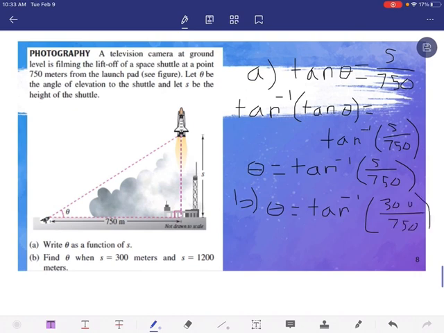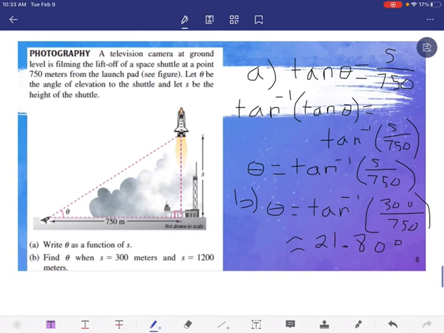And this value is not going to be on our unit circle, so we just need to use our calculator. So again, using that tangent inverse button, so second, tangent, plug in 300 divided by 750, and we should get 21.80 degrees. Again, we're working an application problem, so we're going to put our mode in degrees.